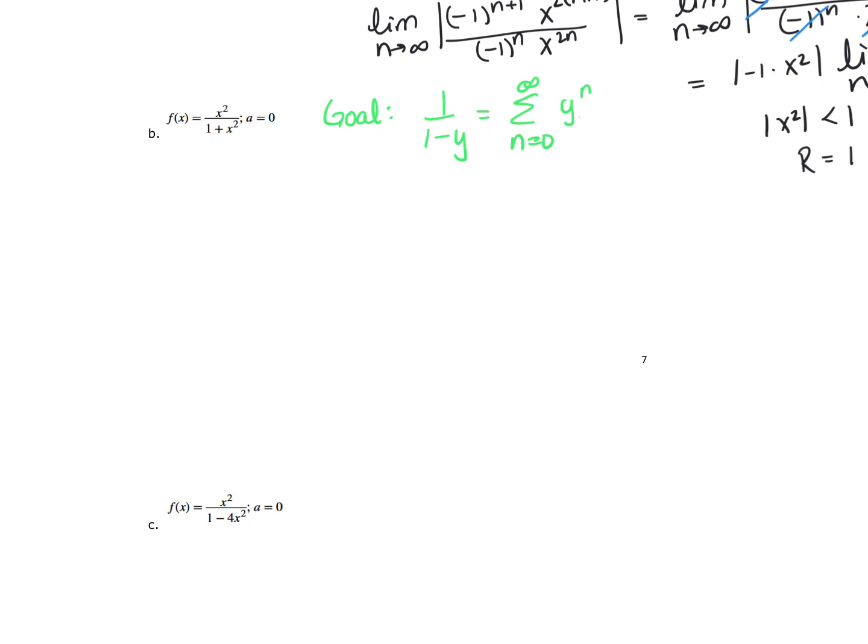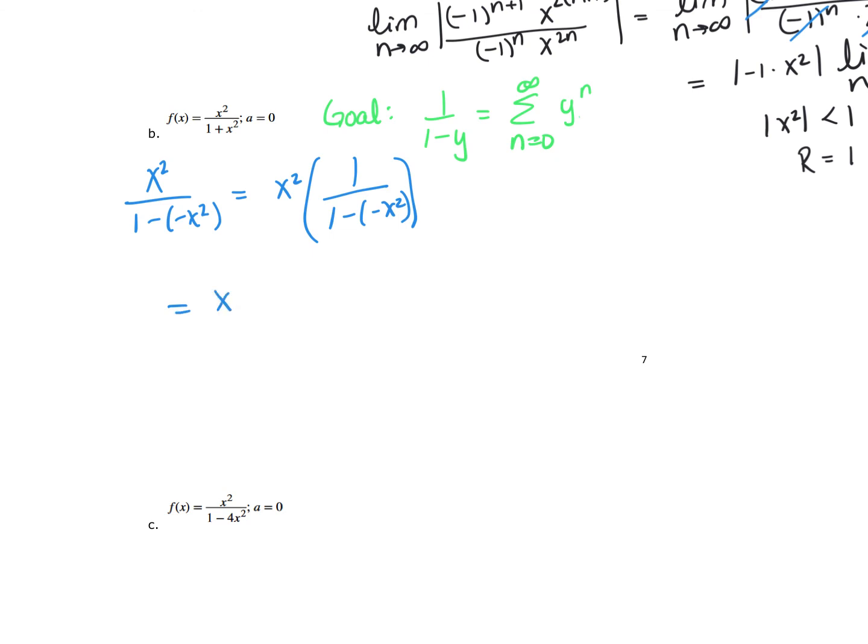So let's rewrite this as x squared over 1 minus (negative x squared), which is equal to x squared multiplied by 1 over 1 minus (negative x squared), which now has the correct structure.